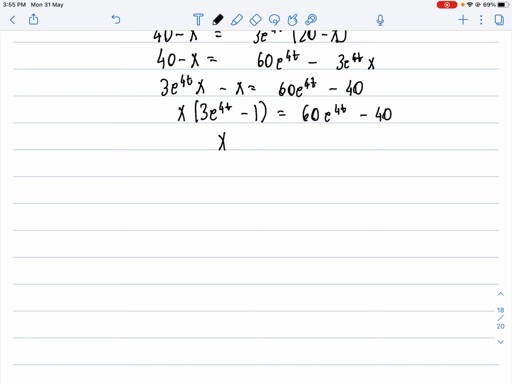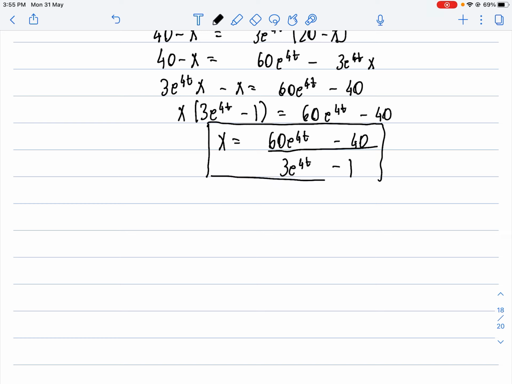So I can write this as x equals (60e^(4t) - 40)/(3e^(4t) - 1).